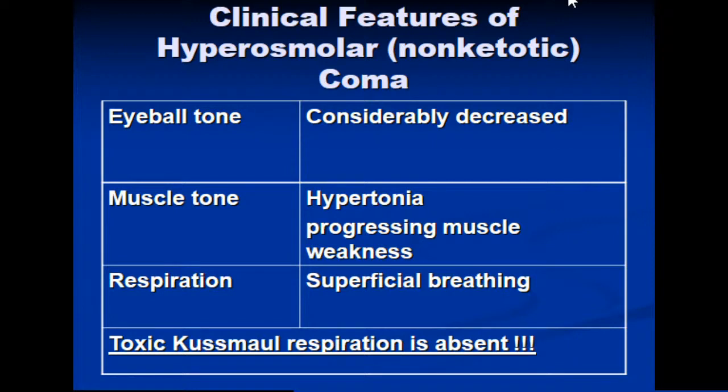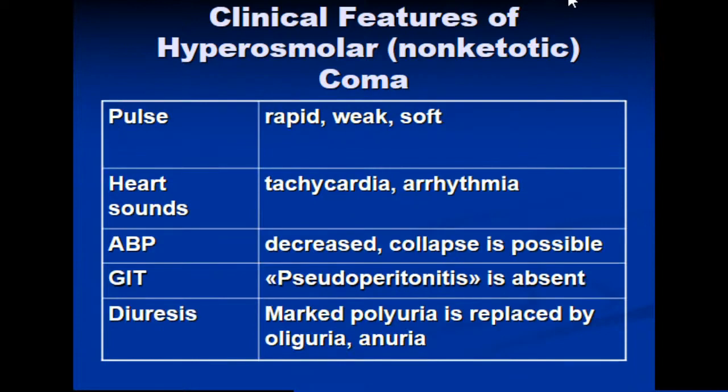Respiration superficial, not Kussmaul respiration. Pulse frequent, weak, soft, heart sounds muffled, arrhythmia, tachycardia, arterial blood pressure decreased, sometimes collapse, sometimes hypovolemic shock. GIT system: pseudoperitonitis is absent because ketoacidosis is absent. Diuresis: marked polyuria is replaced by oliguria and anuria.